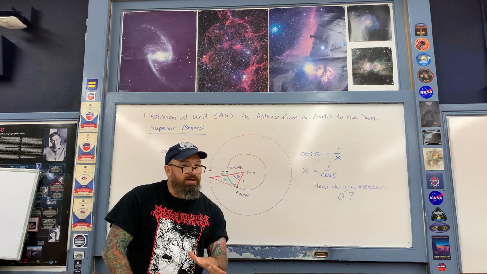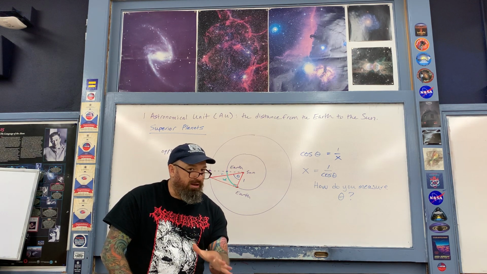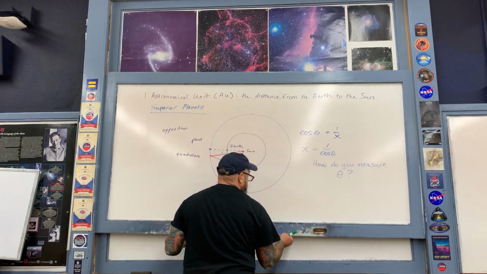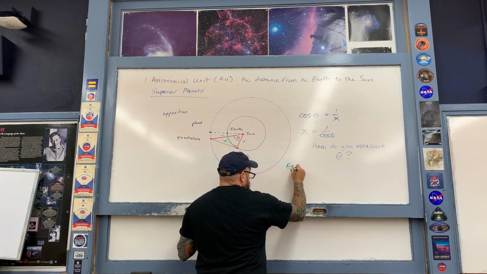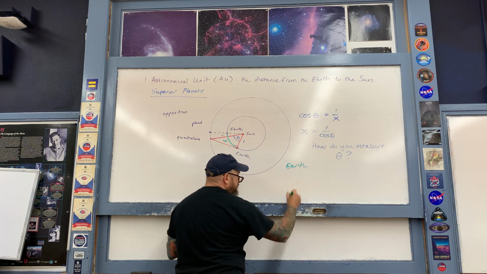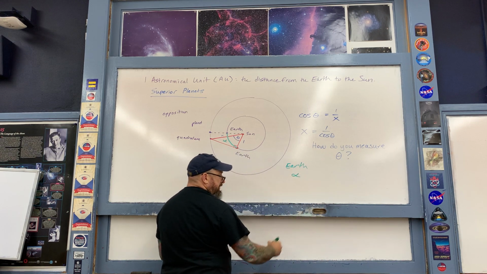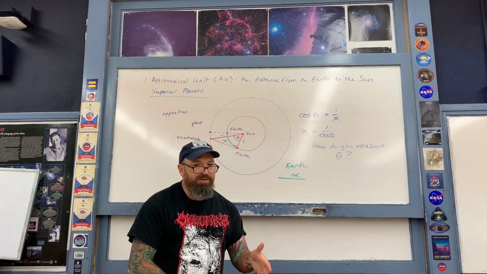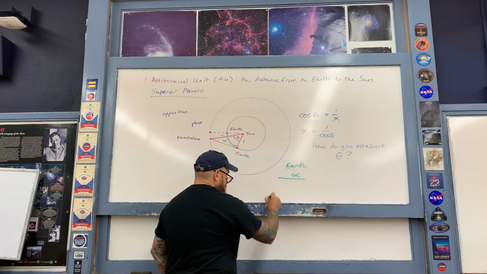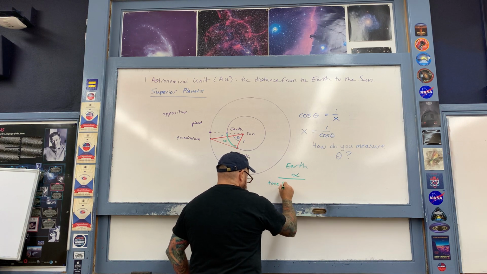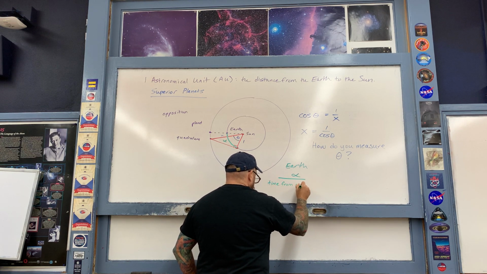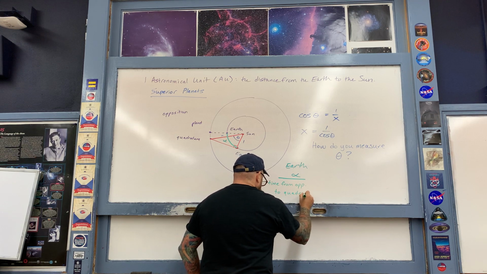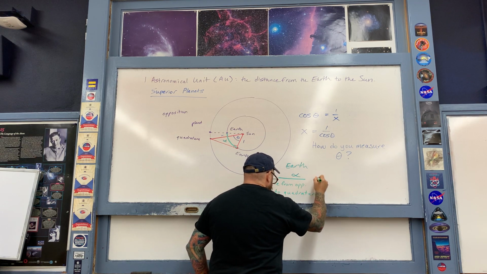Okay, now here's how you can determine this angle alpha. It involves a proportion. The Earth moves through the angle alpha on the diagram in the time from opposition to quadrature.